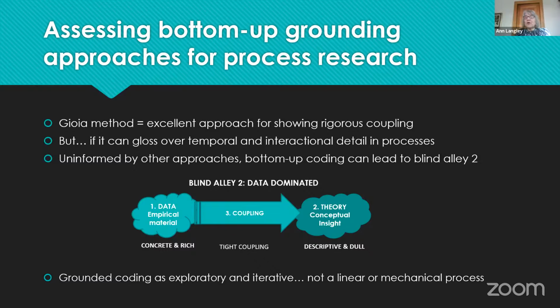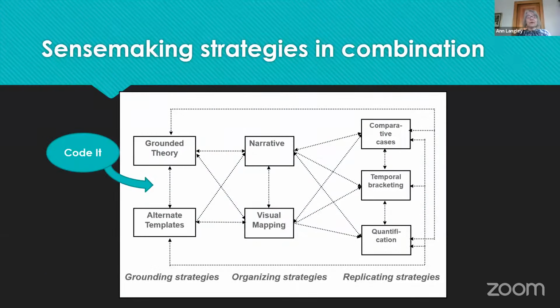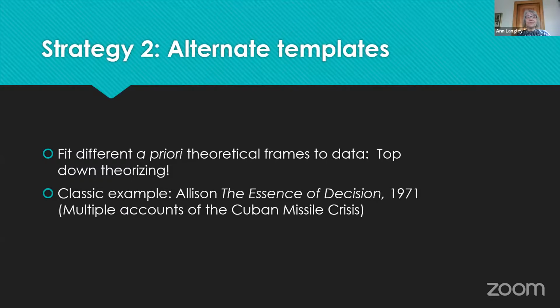So far we've just talked about the bottom-up side. Let's now talk about the top-down approach, which is a little bit different in terms of coding. We're going to look at alternate templates, which is my strategy two. When I wrote the paper in 1999, the idea was that you could fit one a priori theory to your data, but what's probably more interesting is trying to apply more than one.